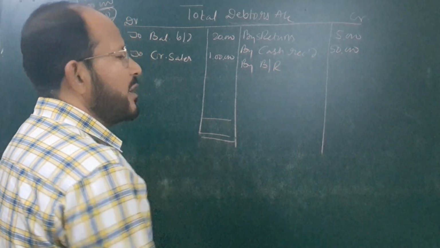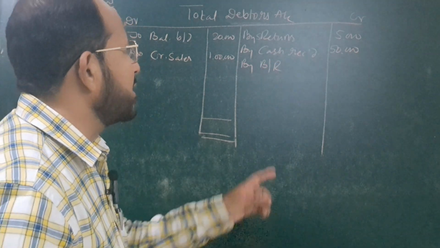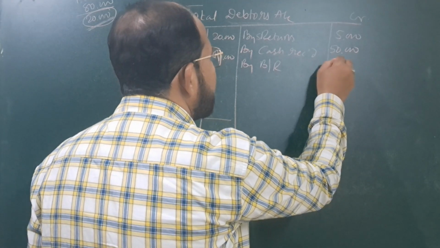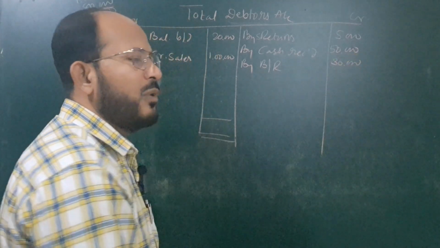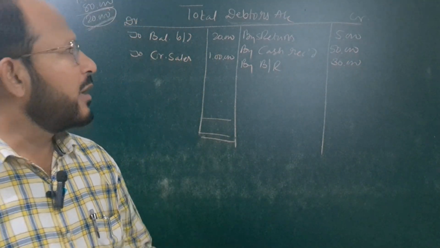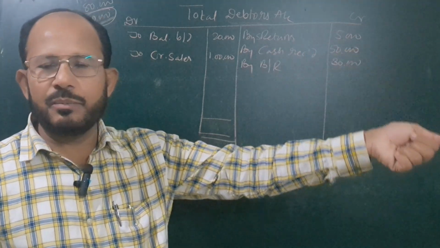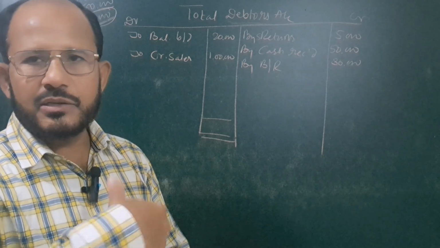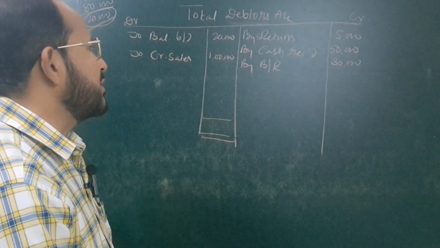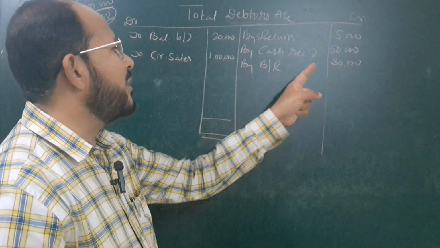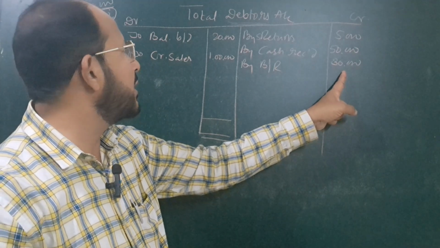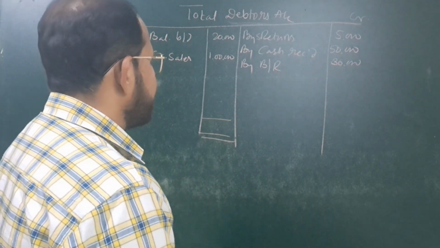If the amount has come in the form of bills receivable, that should also be shown here. You know that this amount will be collected by the businessman on the due date. He will send that bill receivable to the party who has signed it, and then the businessman will collect it. That is why here, in the form of bills receivable, rupees 30,000 is received.